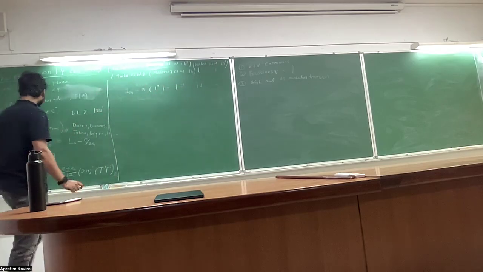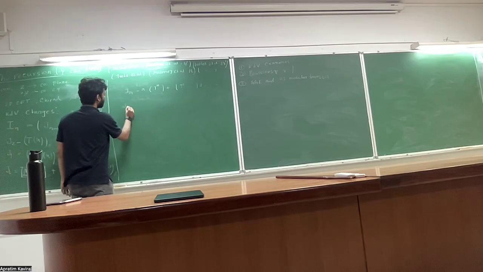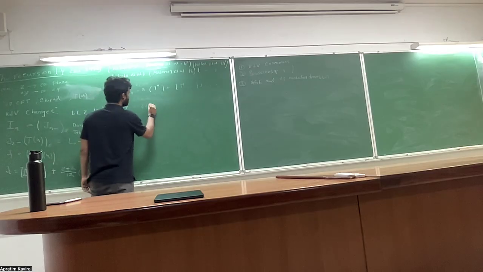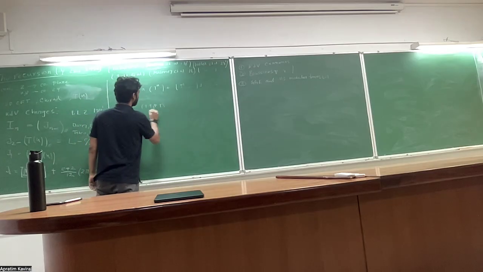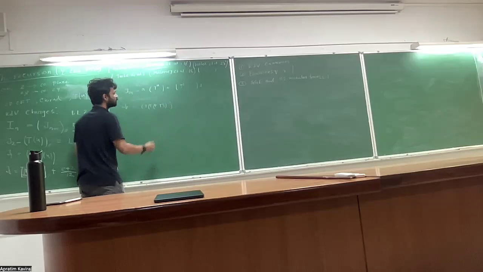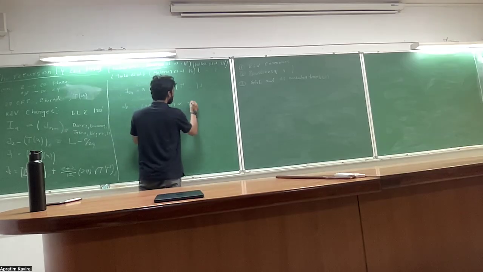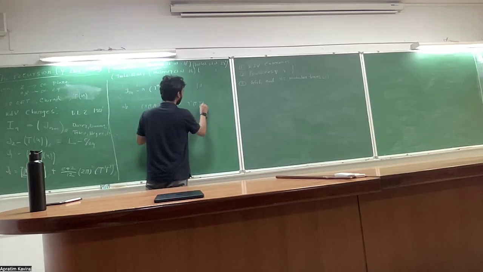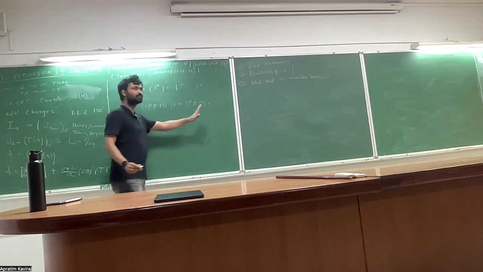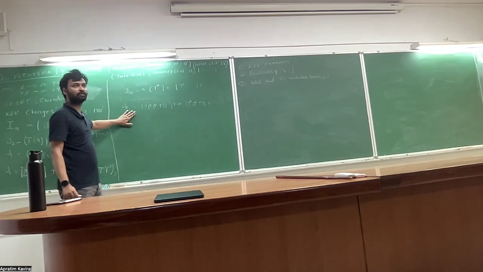So for example, if I want to write J8, I will write T with normal ordering, then some coefficient, I will write T double prime, T, and all other combinations that give me J8, right?